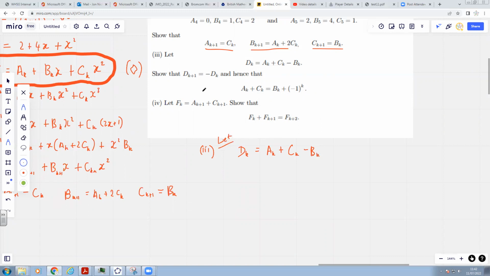Now I'm going to show that d_(k+1) is the negative of dk, and hence that this result is true. I'm just going to launch into it, because if I've got to show d_(k+1), then I need to think about how this works for d_(k+1). So I'm just going to replace all k's with k plus 1s.